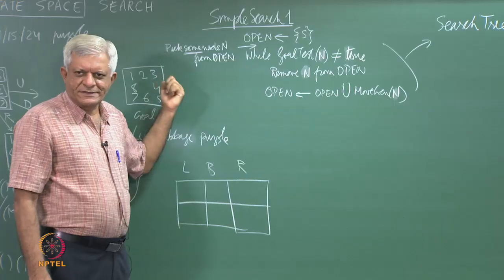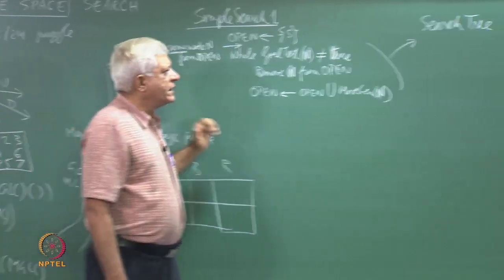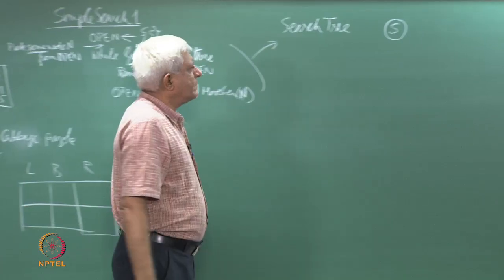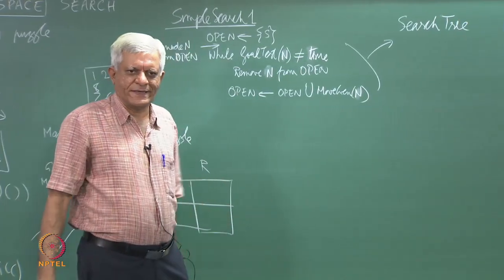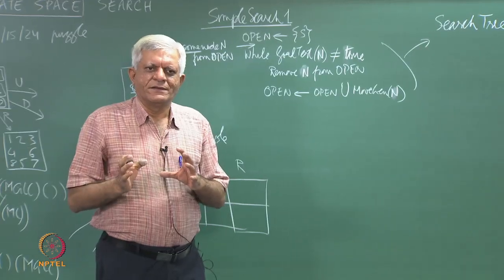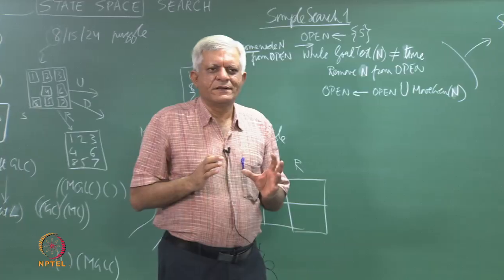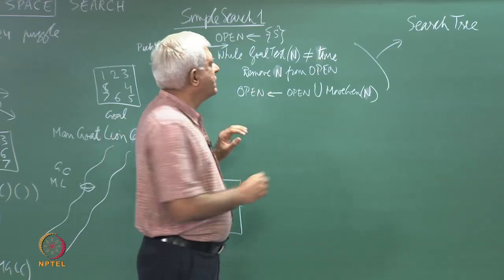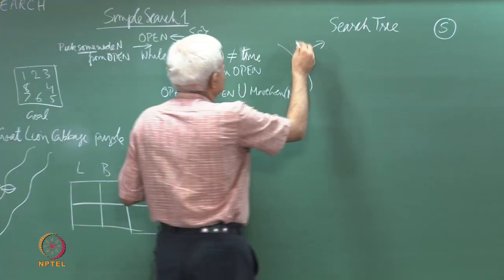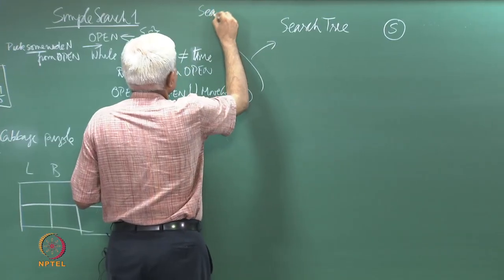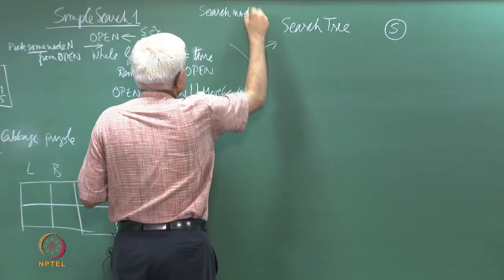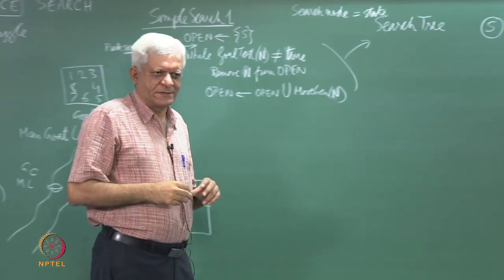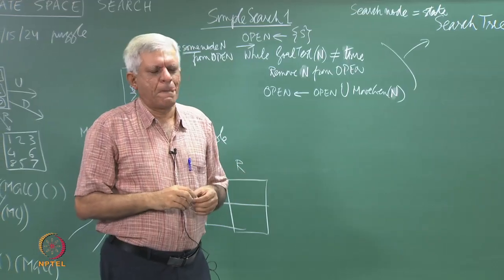So, use some criteria to pick a node from open. And so, what is the search tree we are generating? We start with the start node S. So, we will use state versus node interchangeably, at least for now. So, search node is equal to state, the same representation. We will move away from this in a moment.